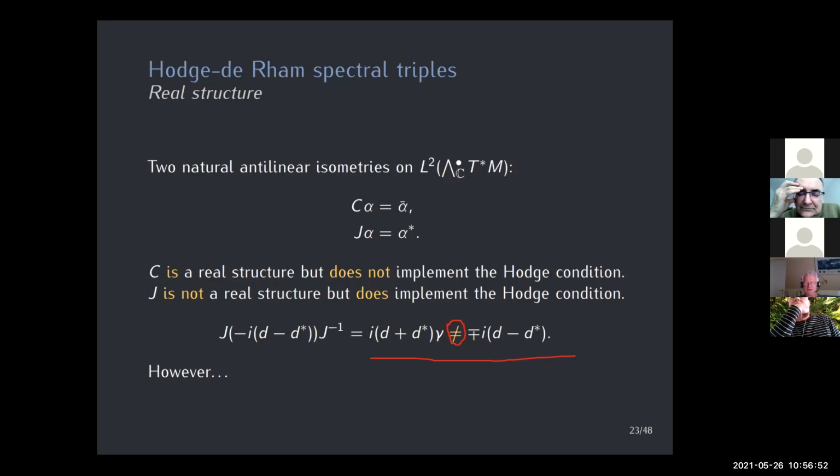And now it will be self-adjoint, right? That's what happens here. But of course, the operators will always be different. It doesn't matter how you rotate them, whether you take D plus D star or lambda D plus lambda D star.